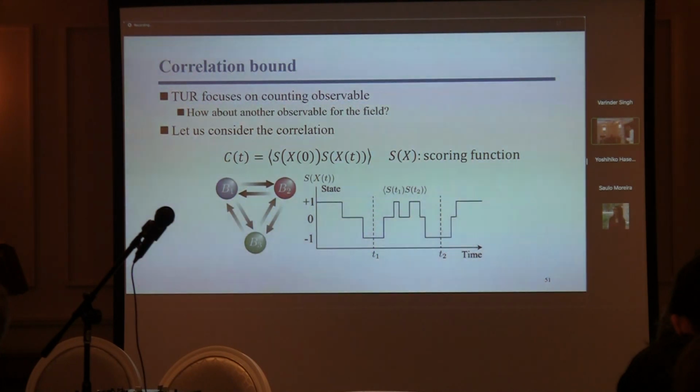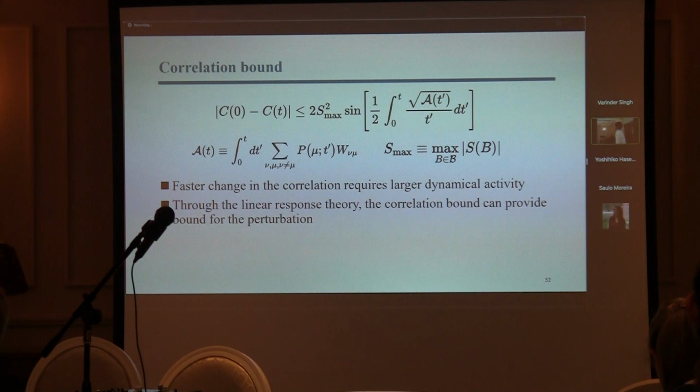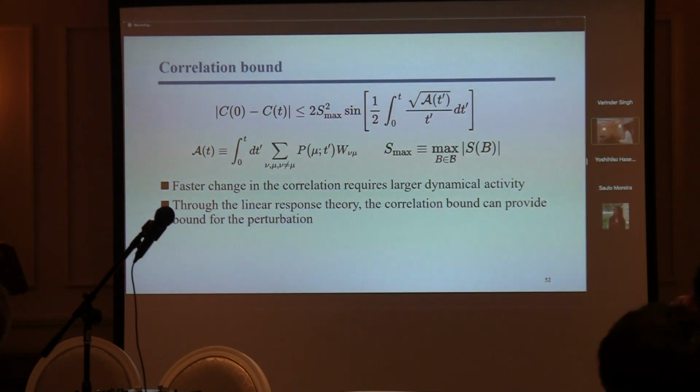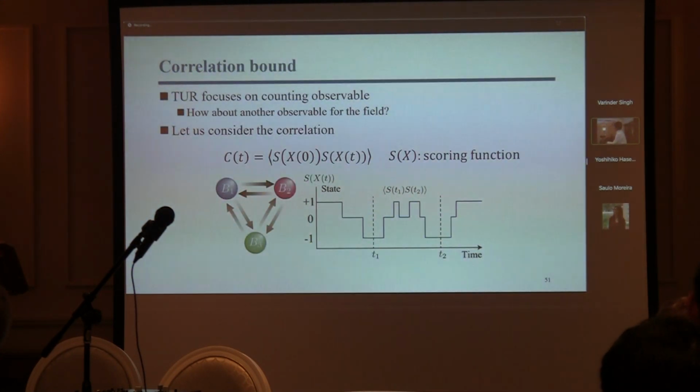Then we can compute the correlation. Then if we consider the correlation observable and apply this, then the bound for the correlation can be obtained. So this is a bound for the correlation. So C is a correlation defined by this one.